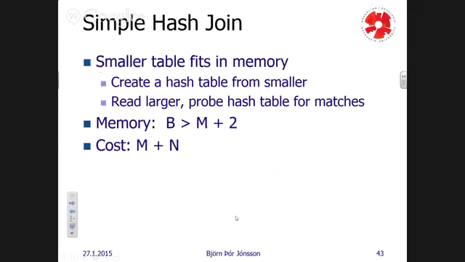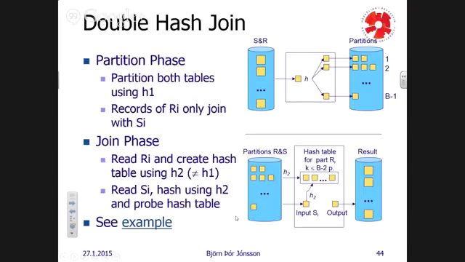But are you with me on the simple version? Now, if the smaller table doesn't fit in memory, then you need to do something called a double hash join, which is basically you have first a partition phase, which takes the relation and partitions it using hashing. So it has a hash function and has some buckets, but the buckets get streamed to disk. And you do this for one relation and then the other.